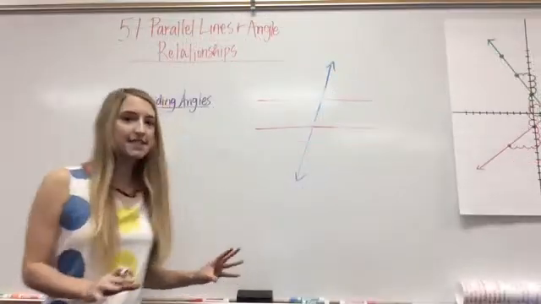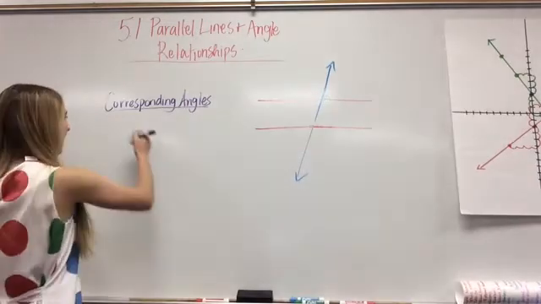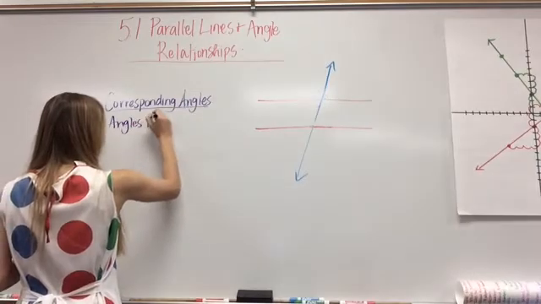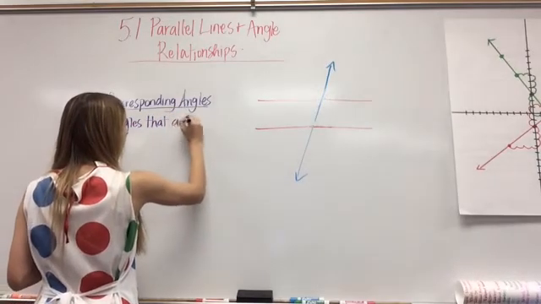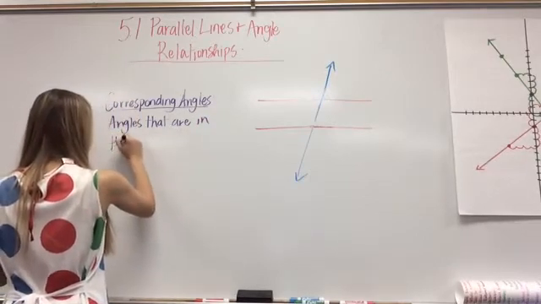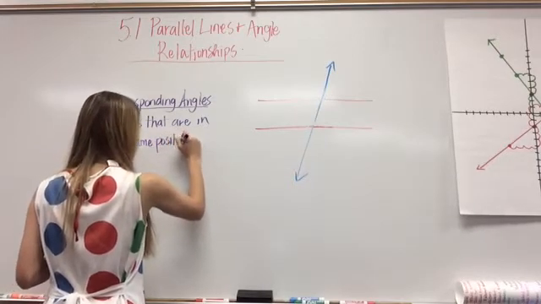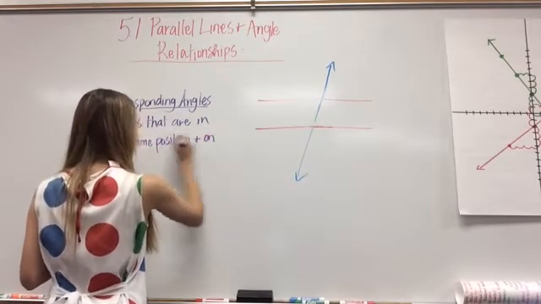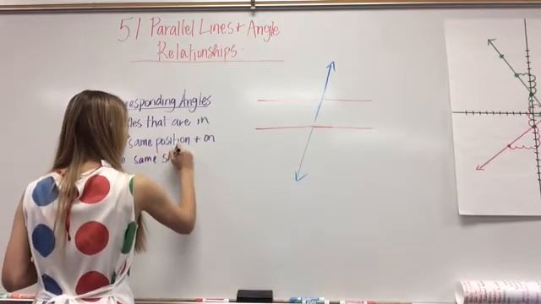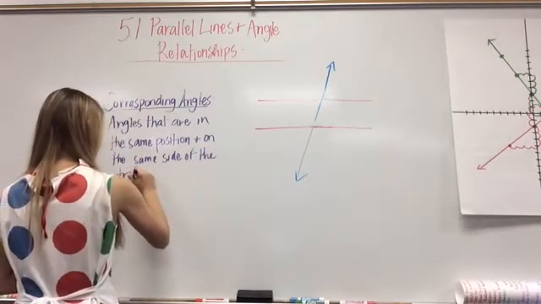This is one of our last definitions. It's called corresponding angles. And corresponding angles are angles that are in the same position and on the same side of the transversal.